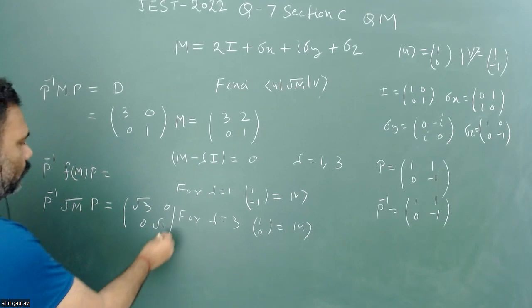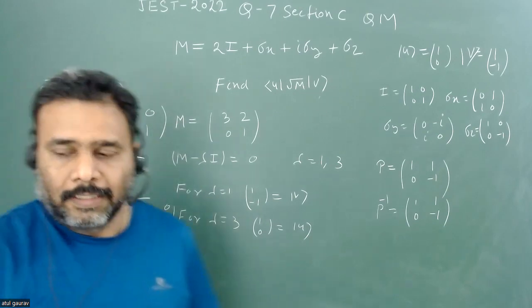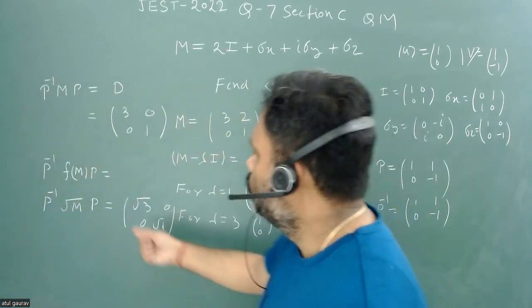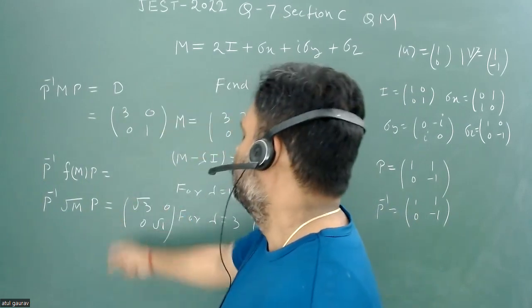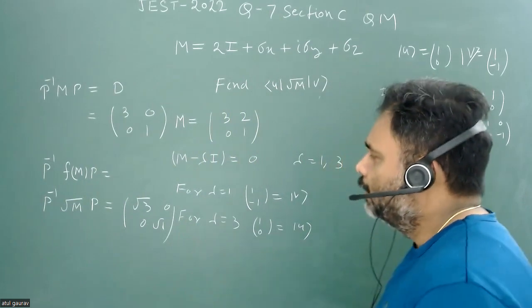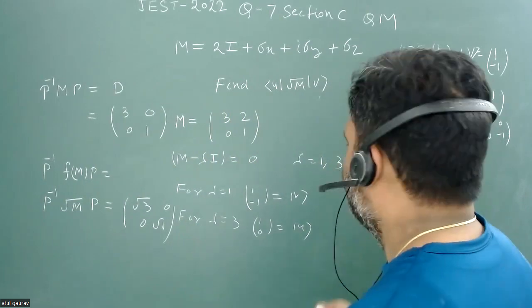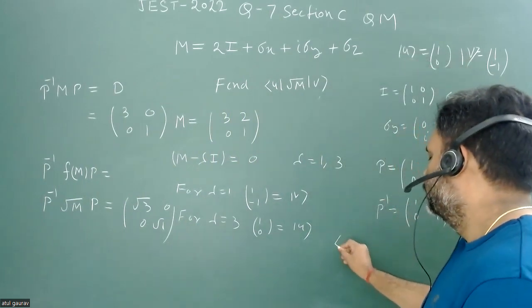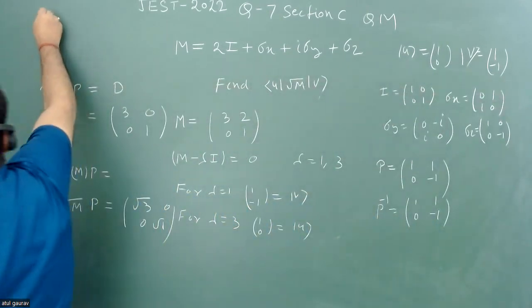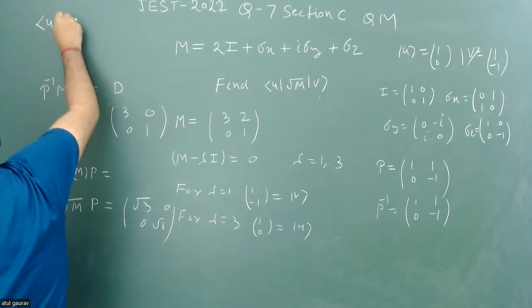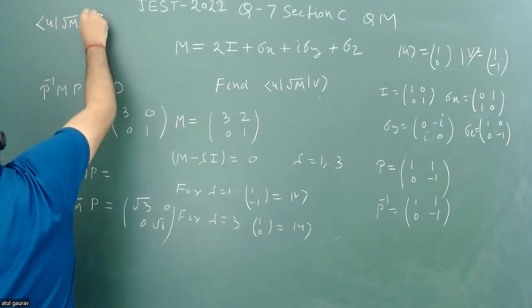So my root M matrix I can write in this form also. If we write this form, then we have to calculate the matrix element u root M v.